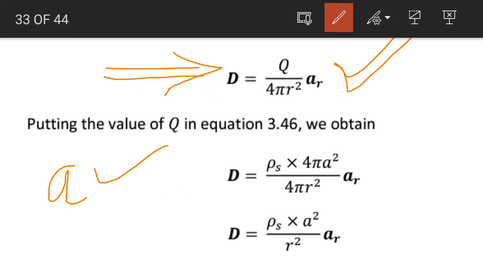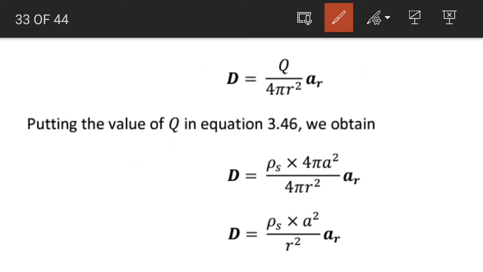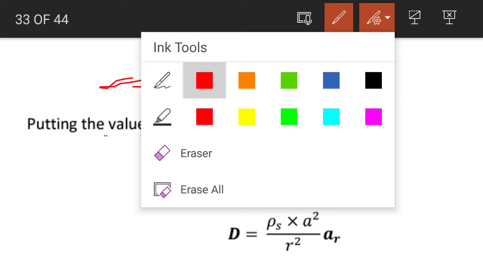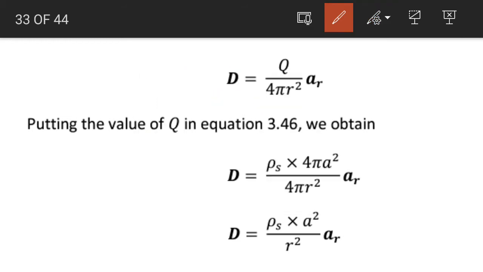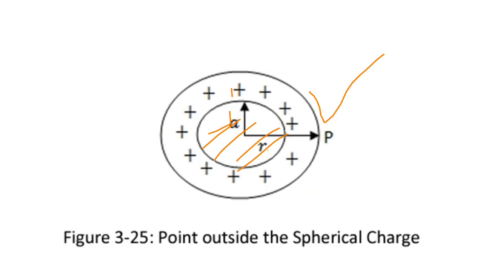Now we know that the total charge on the surface of the source will be equal to rho s into 4 pi a square. So we put the value of the charge in this particular equation.